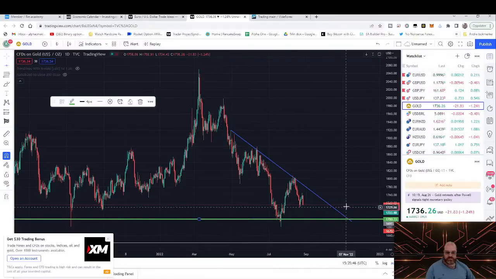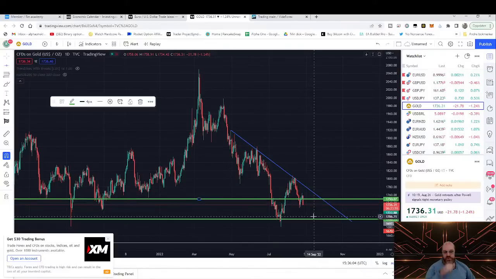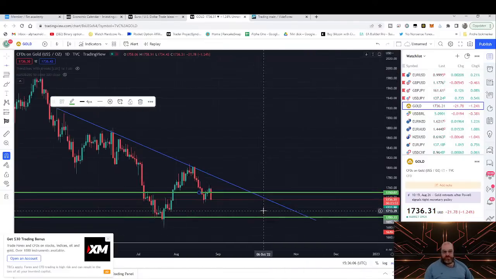I'll say here, and we do have a resistance at the next 50 here. So let's mark that one also. Of course, for the ones that like to short gold, you could have a possibility to take a trade down to this support line down here.